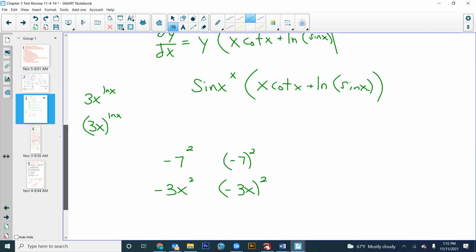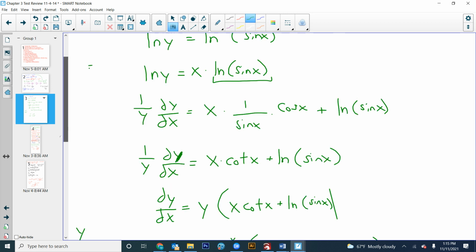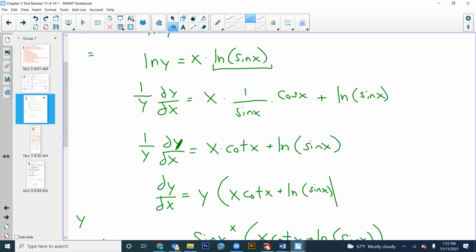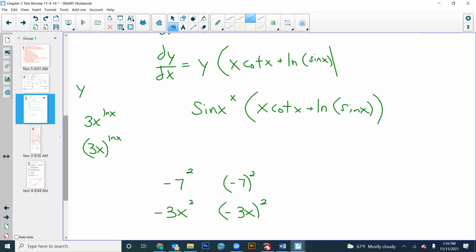The original problem is written like that. I guess the question is, are these different or the same? They're different.